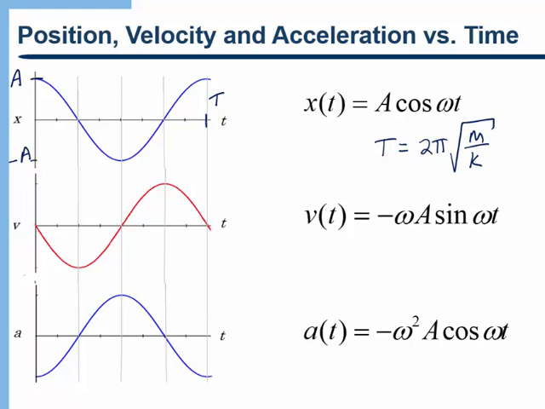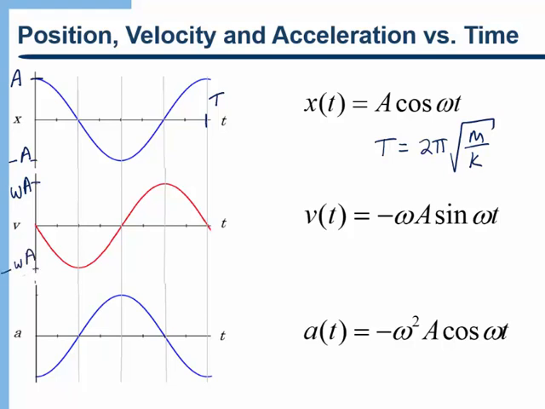Now, to figure out what the velocity is as a function of time, all we have to do is take the derivative of x with respect to t. When we do that, we get negative ωA sine ωt. Therefore, the velocity is going to oscillate between a maximum value of ωA and a minimum value of negative ωA.